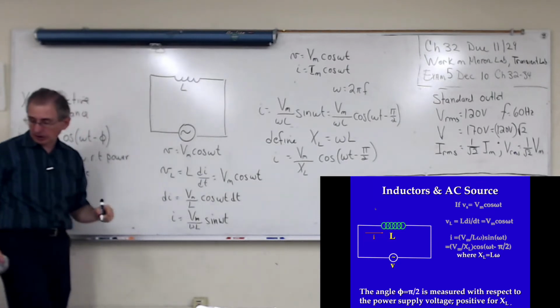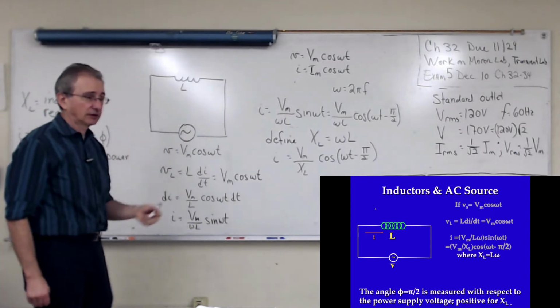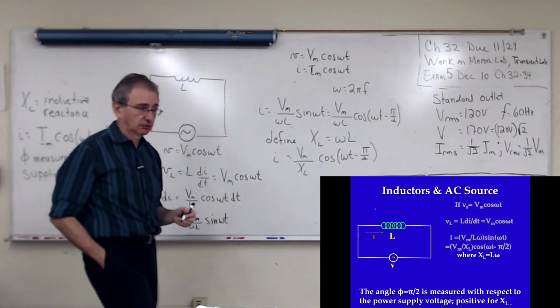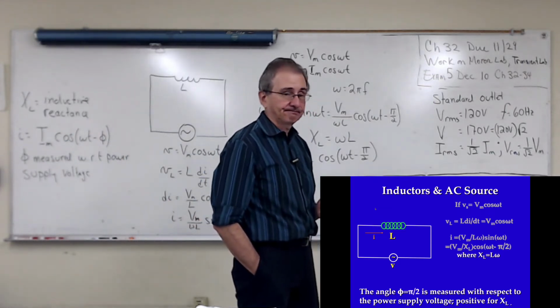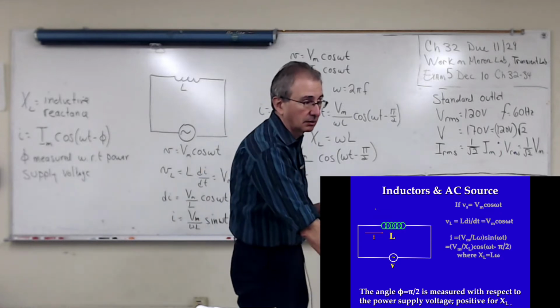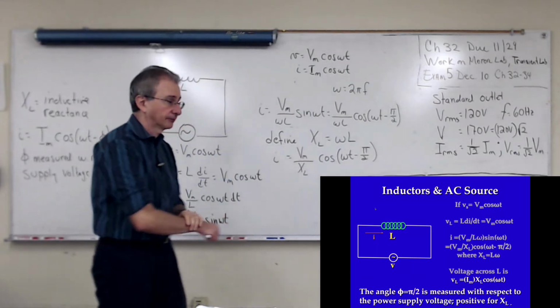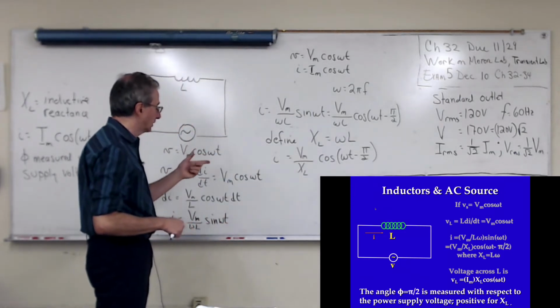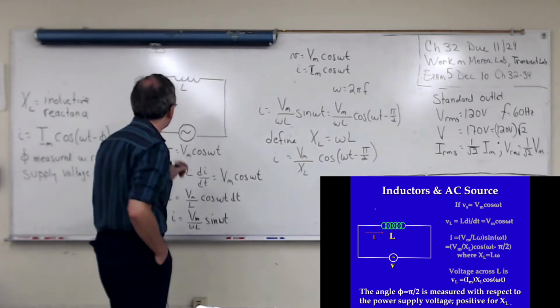So in this particular case, the current lags the voltage by 90 degrees. Okay? We can also write the voltage across the inductor in the following way.